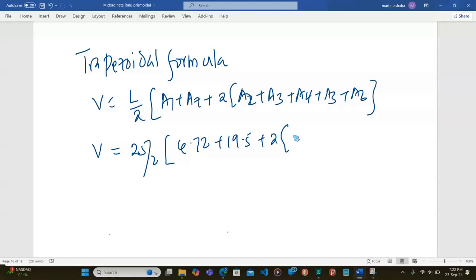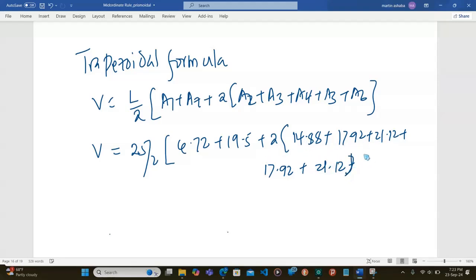When we add the rest of the others, this is going to be 14.88 plus 17.92 plus 21.12 plus 17.92 plus 21.12. How many are these? 1, 2, 3, 4, 5.